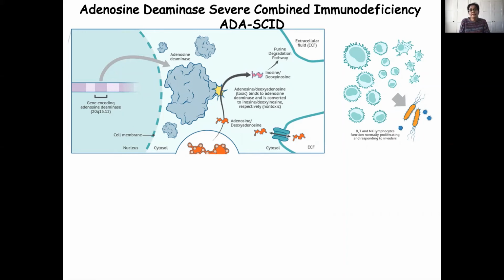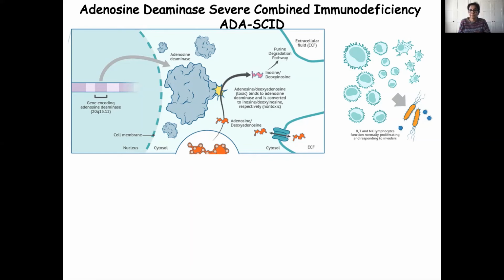People with SCID, the short name of this disease, lack an immune system. They lack all types of immune protection. There is a type of SCID called ADA-SCID, in which the enzyme adenosine deaminase is mutated.